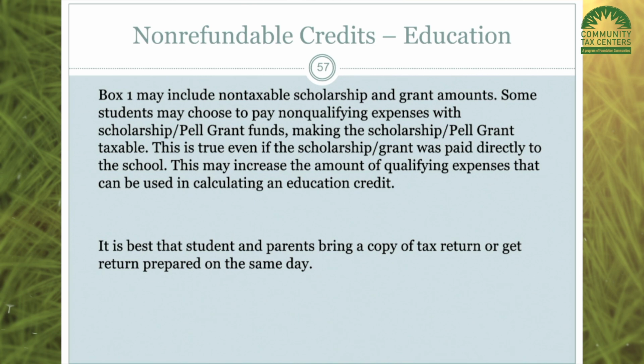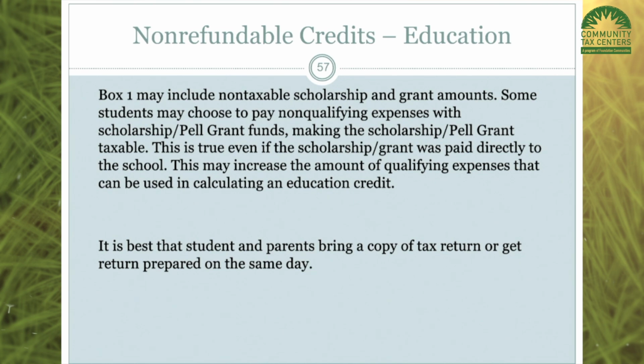But that kind of requires both the student and the parents, the taxpayer and the dependents, to come and get their tax return prepared at the same time. So people are always asking, how do people maneuver, or how are some people able to get refunds? There are certain techniques, again, qualifying, where it does allow someone to get a refund.